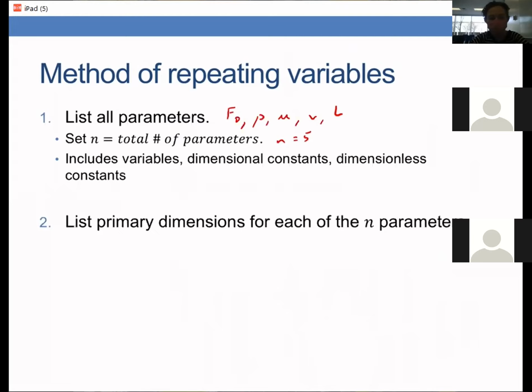So now we're going to list the primary dimensions for each of those n parameters. This is just like we did on Wednesday when we non-dimensionalized the equation. So I'm going to start with the drag force. What are the primary dimensions of that? Connor Barlow, you asked a question a little bit ago. So now can you tell me what the primary dimension of drag force is?